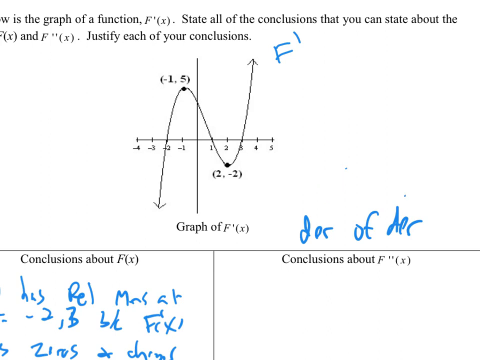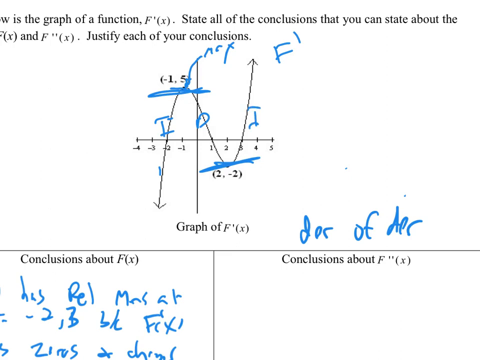Well, this is a derivative. The derivative here is 0 here, just like we did on the other page, 0 here, 0 here, because f prime changed from increasing to decreasing. So that made this a relative max of f prime, which would make that a 0 on the second derivative.